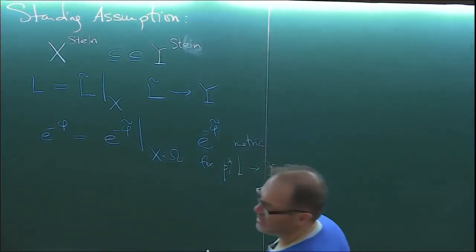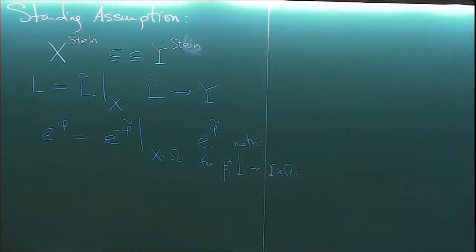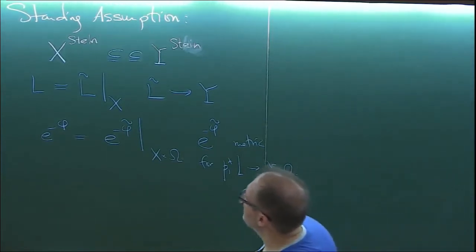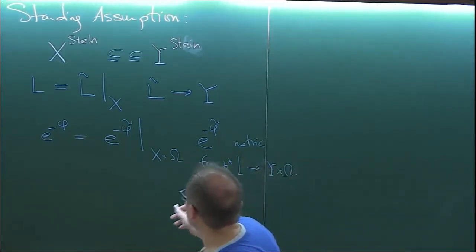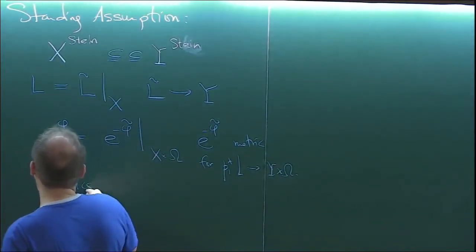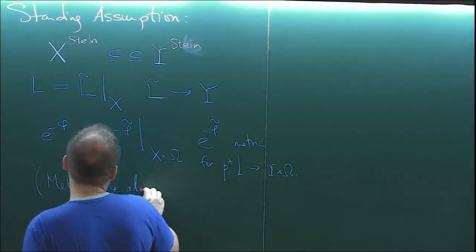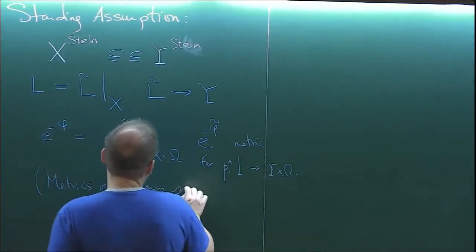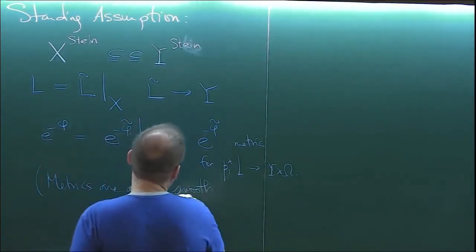So I don't care about extending up to the boundary of omega, but I care about extending up to the boundary of X. And then maybe a final assumption, which is maybe implicit, is that metrics are always smooth. So these are not singular metrics.